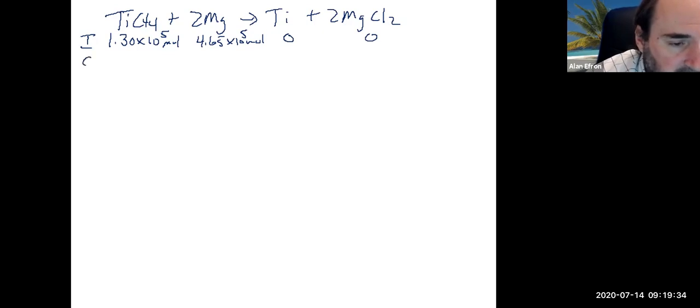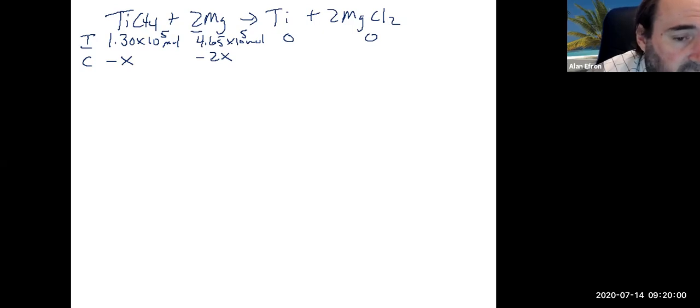The change part needs to take into account the coefficients, so you have the right mole-to-mole relationship. The coefficient in front of the TiCl4 is 1. We're going to do minus x because it should be decreasing. We should be using those reactants to make products. The coefficient in front of the magnesium is 2, so this would be minus 2x. That 2 takes care of the mole-to-mole relationship.